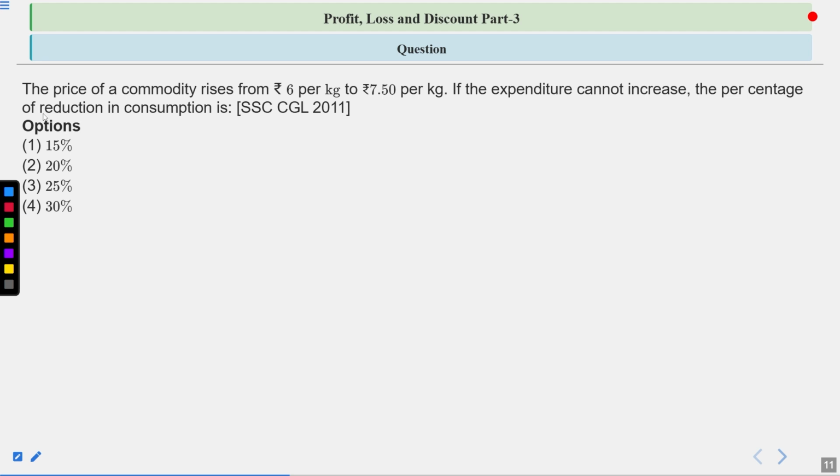First one is 15%, second is 20%, third is 25%, and fourth is 30%. Now you have 10 seconds to analyze the question. Your time starts now. Now time's up. Let's see the solution of this question.